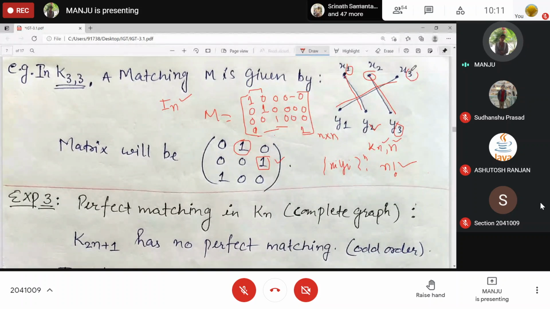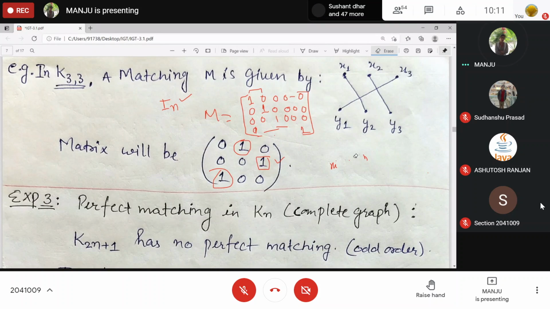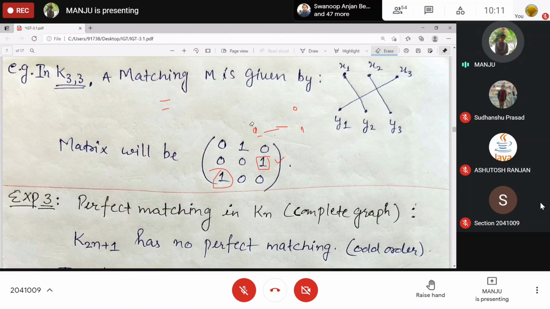And 3 is related with 1, so M31 will be 1, others are 0. So like this, you can interchange between these matrices and these matchings. If a matrix is given, you can easily find the matching. And if you are given the matching, all the edges of the matching, then you can find the permutation matrix. Okay, so this was all about K_{n,n}.